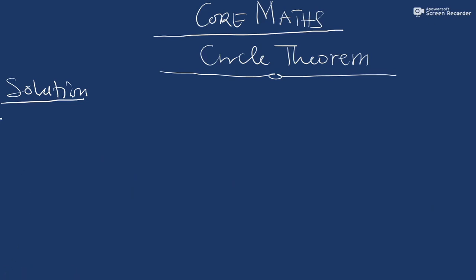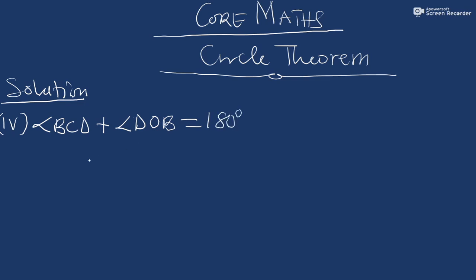Good. So question number eleven. So we know that angle BCD plus angle DOB equals 180 degrees.